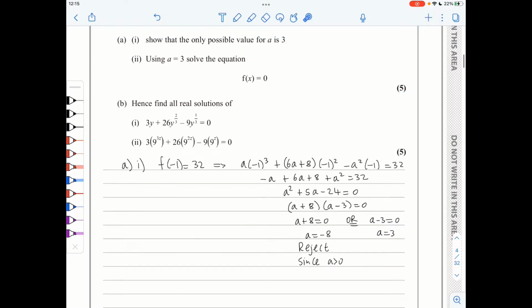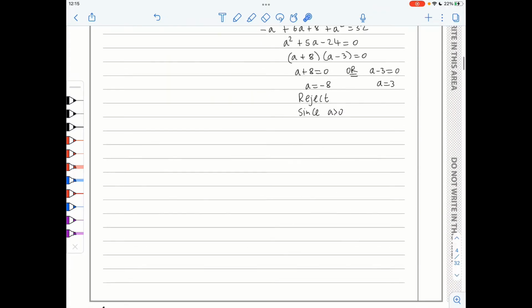And then the second part, using a is 3, I need to solve the equation f of x is 0. So now that we know the value of a, I will simply say that f of x is 3x cubed plus 6 times 3 plus 8 in brackets x squared minus 3 squared times x.